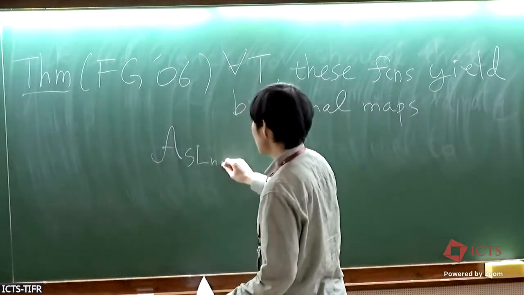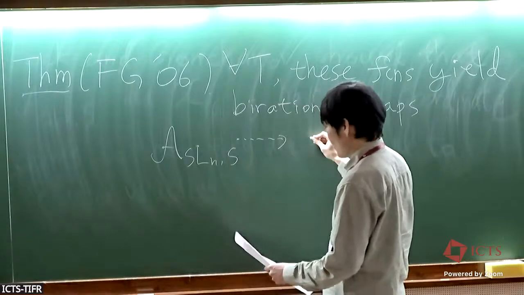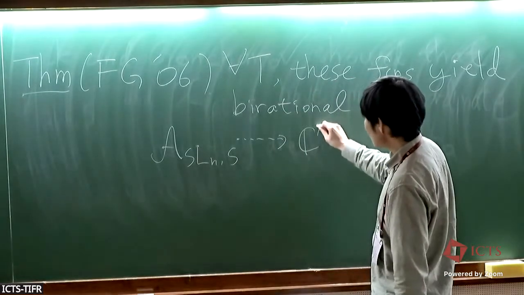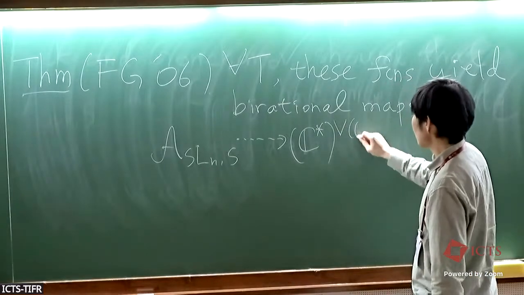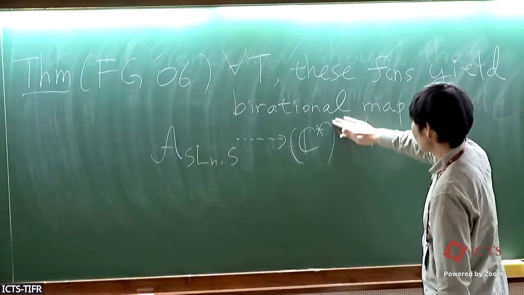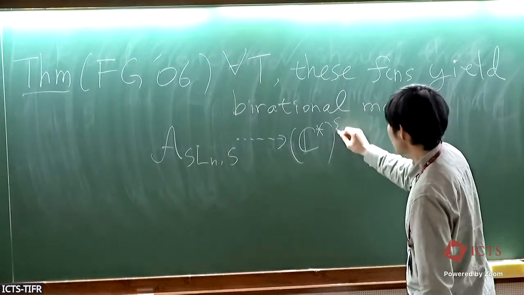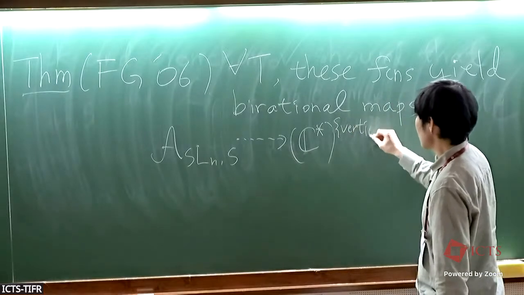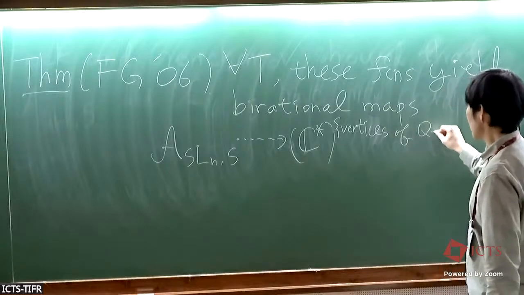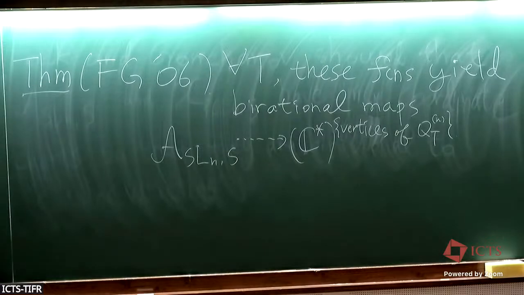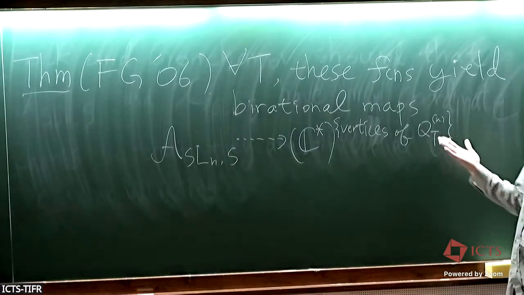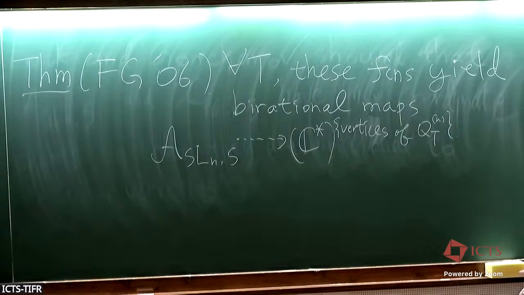So A SLN S looks like, let me just use over C. I didn't define these vertices, so each function is valued in C star, and the C star to the number of vertices is not exactly A SLN, but almost.